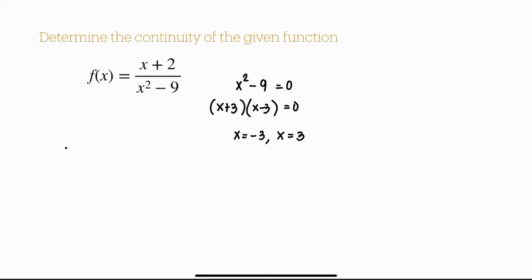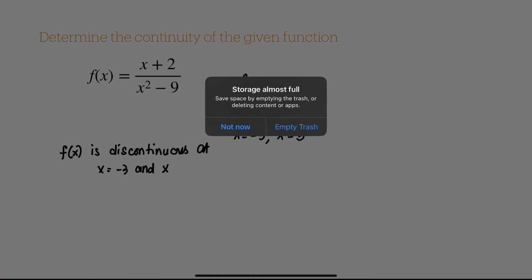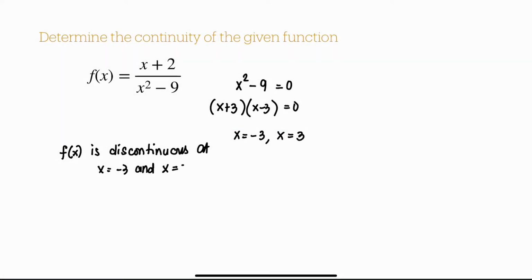So f of x is discontinuous at x equals negative 3 and x equals 3.